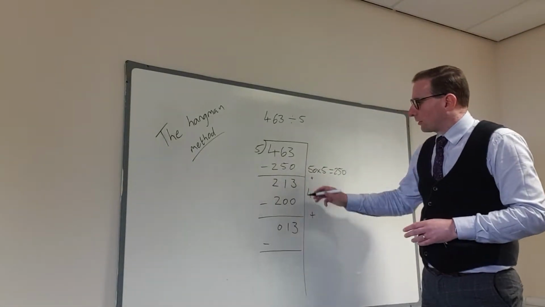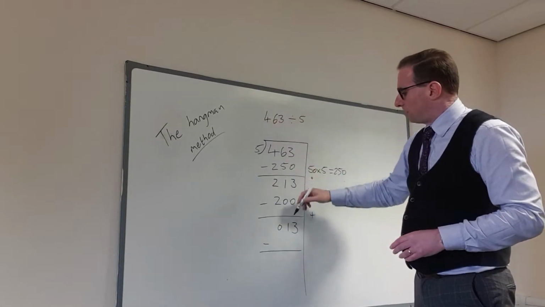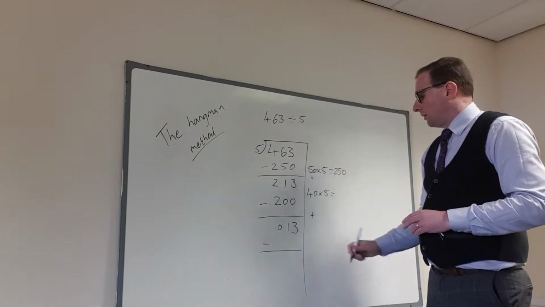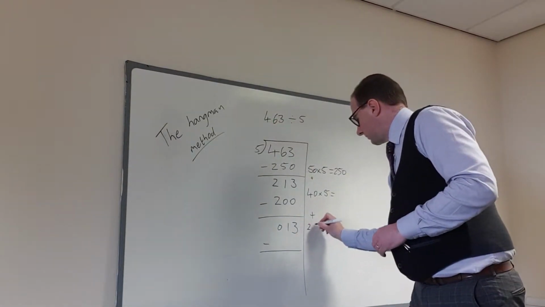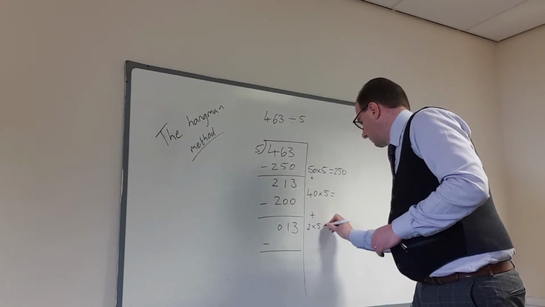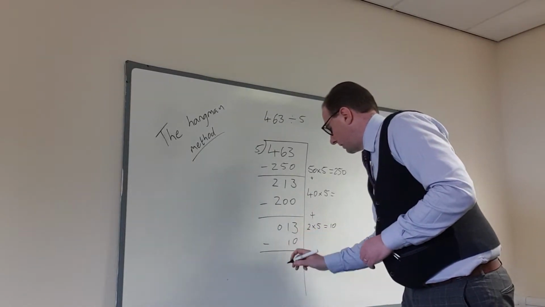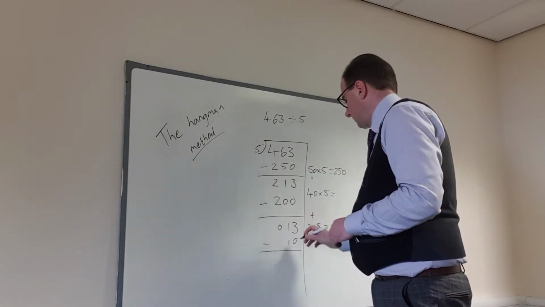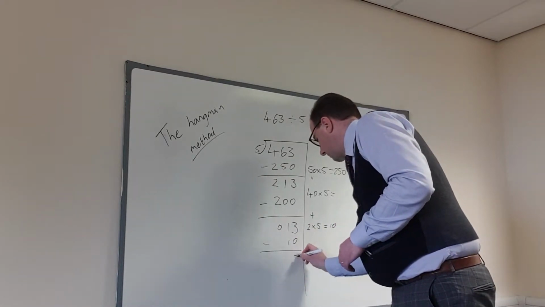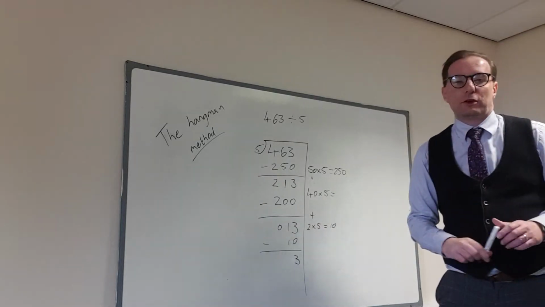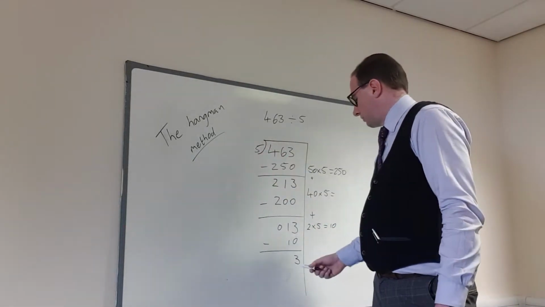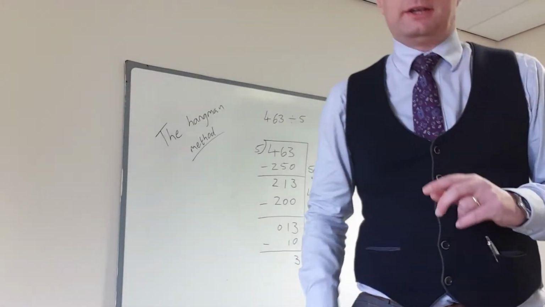So how many times does 5 go into 13? Well, 2 times 5 equals 10. Put 10 down there, and take that away, we have 3. That's how many you've got left over, because 5 doesn't go into 3, 5 is a larger number than 3.